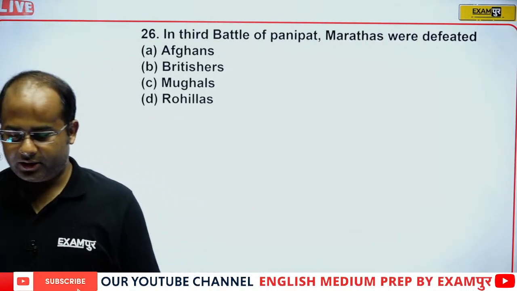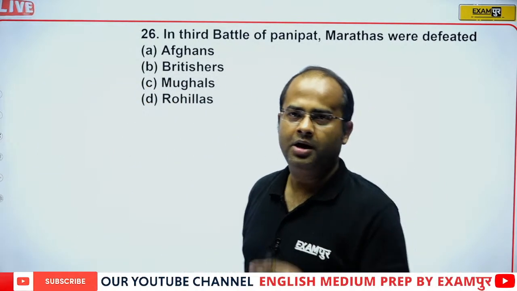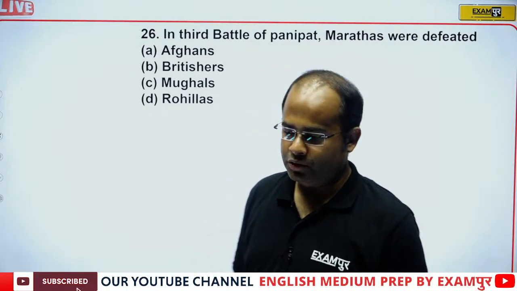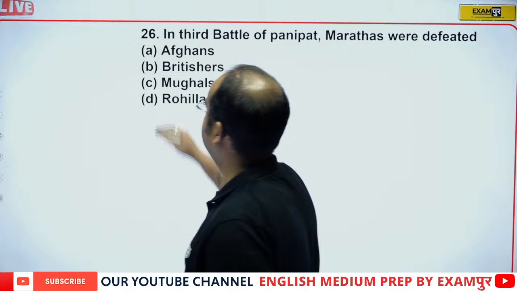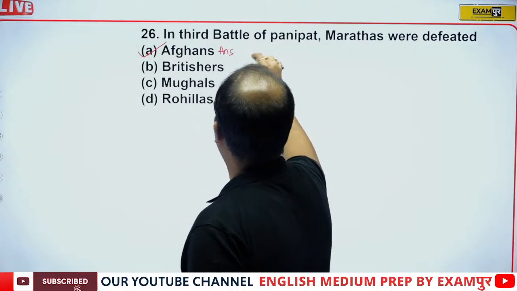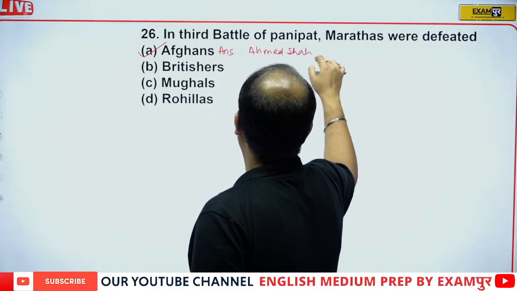Okay, Chantharu is saying option A, but no guys, how would the Mughals defeat the Marathas? The Marathas were the ones who took tax from all over India. They were very powerful, and they were defeated by Afghans. That was by Ahmad Shah Abdali.